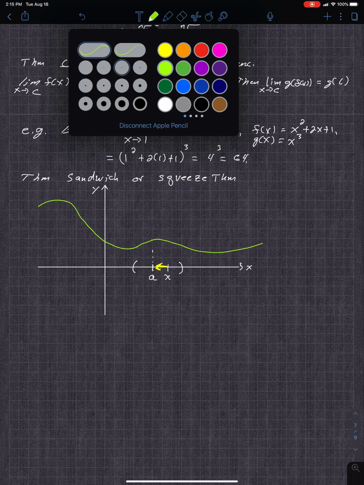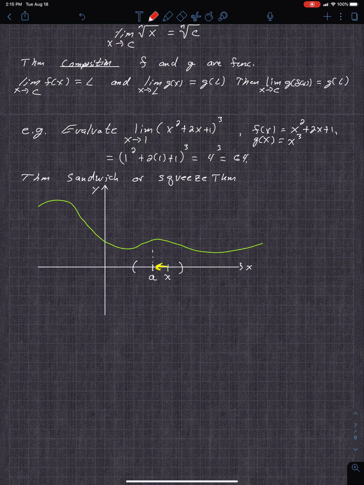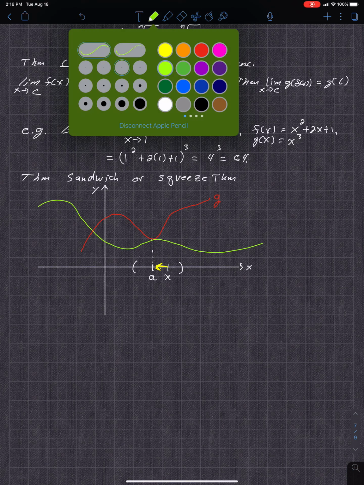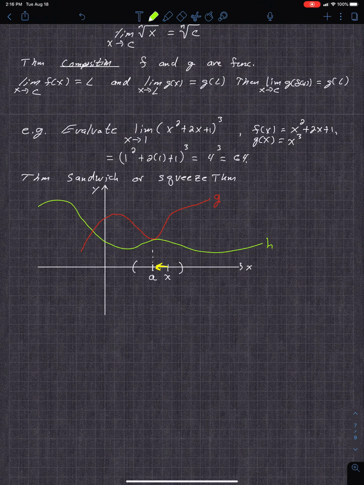Then you have another function above that's doing this. That's your function g, and this is our function h.